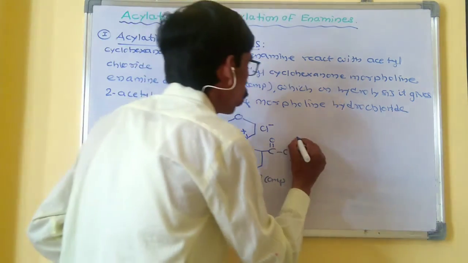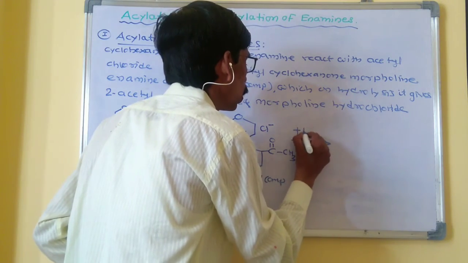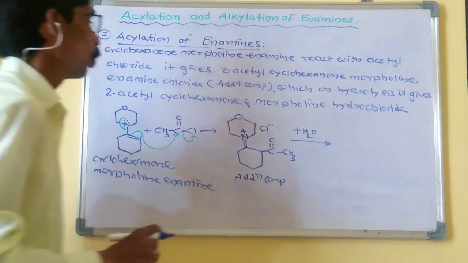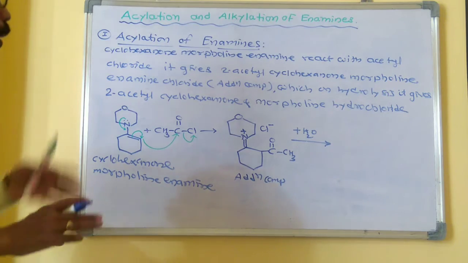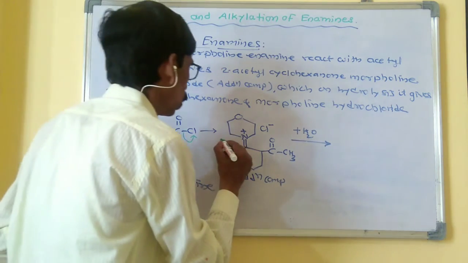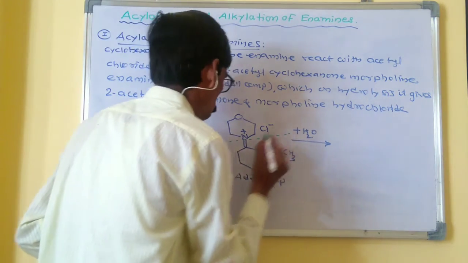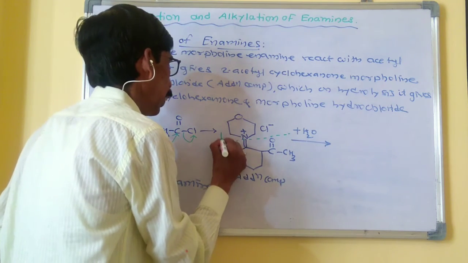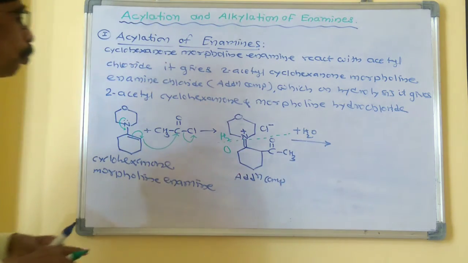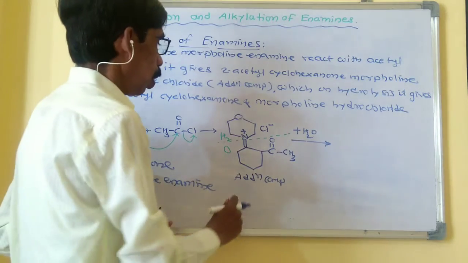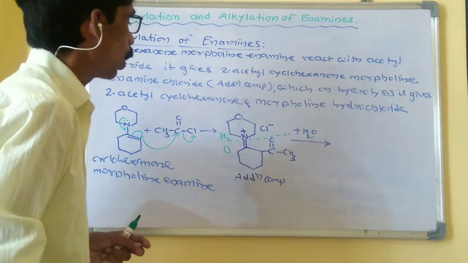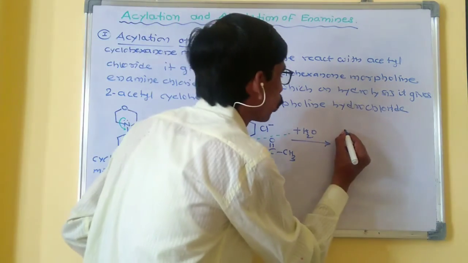Now this addition compound on hydrolysis with water, the addition of water takes place, here O and here H. So from cyclohexanone enamine to acetyl cyclohexanone.